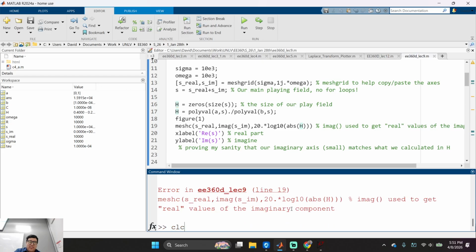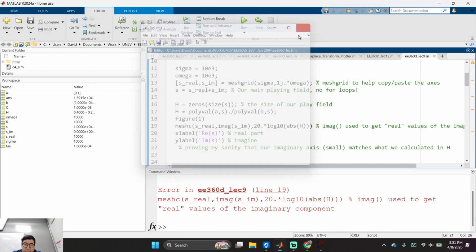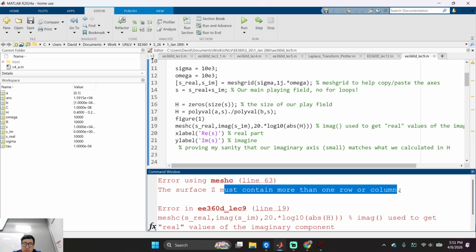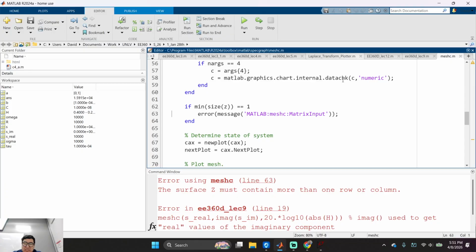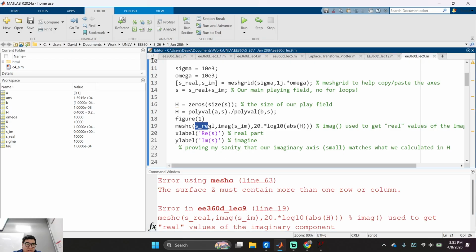Let me CLC. Let's run this again. Let me see for realsies. Okay. The surface Z must contain more than one row or column. Where is this one? Line 63, but not there. It's complaining right here. S real. S imaginary.